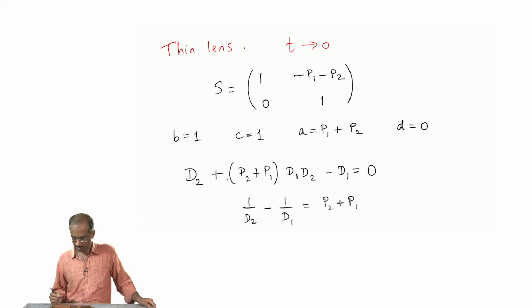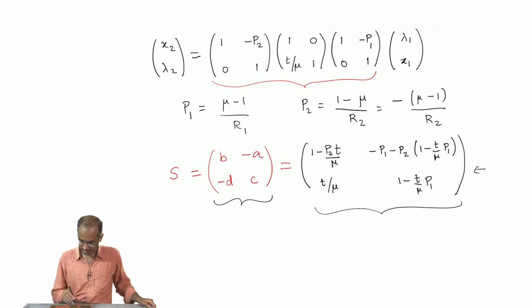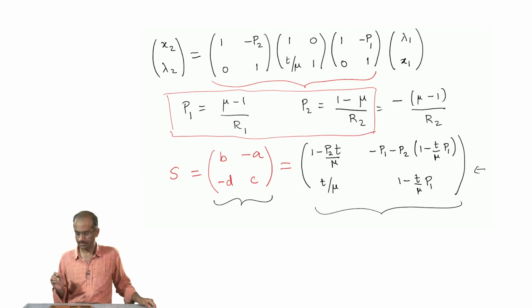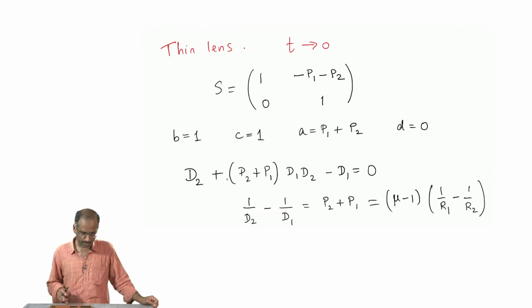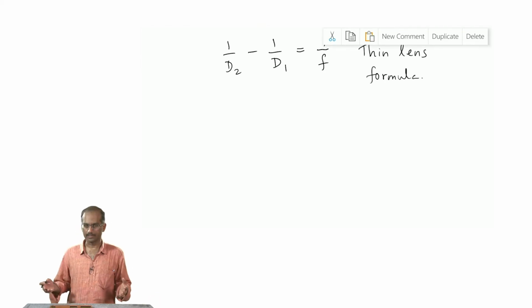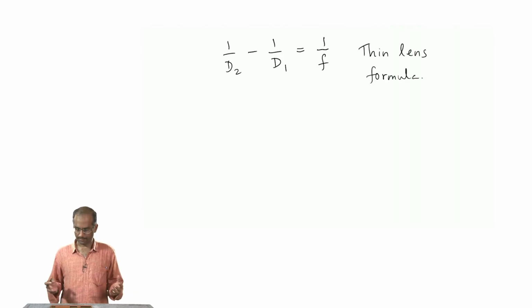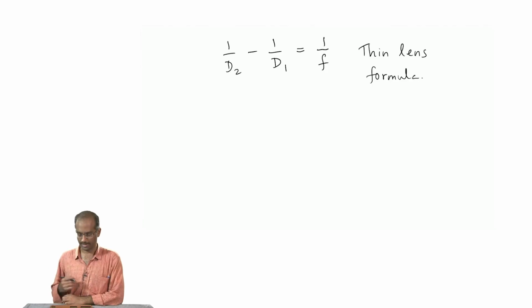And now, if I substitute for p2 and p1, remember that we have these relations for p1 and p2, I just need to put them in here, in which case I will get, and this one can equally be written as 1 by d2 minus 1 by d1 is equal to 1 by f. Again, it is a result that we had derived before from other considerations. This tallies with the previous relations that we had obtained.